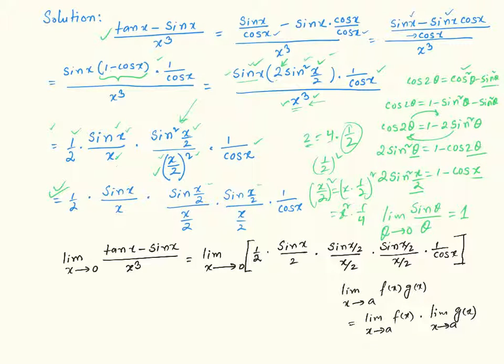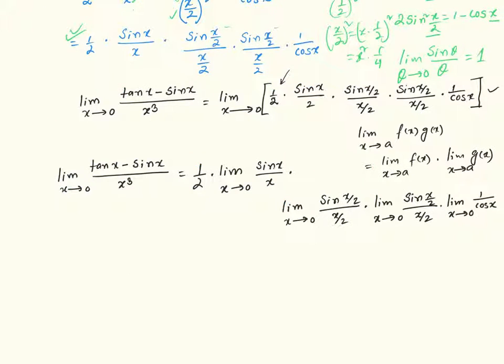We are going to use this property repeatedly to simplify this one. And of course this is a constant, it doesn't depend on x, so we can bring it outside. Now I'm going to break it down into pieces. If I break it down into pieces, this is what I get.